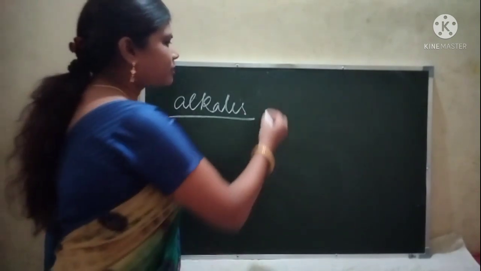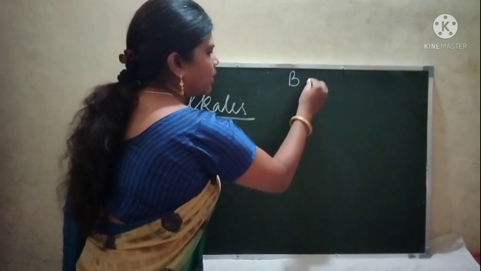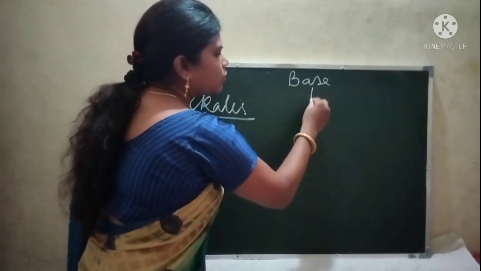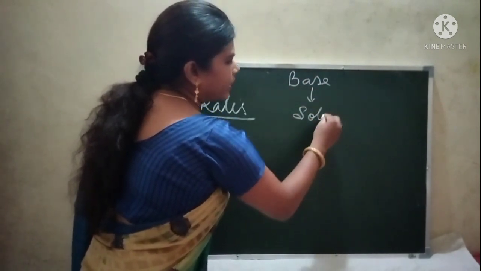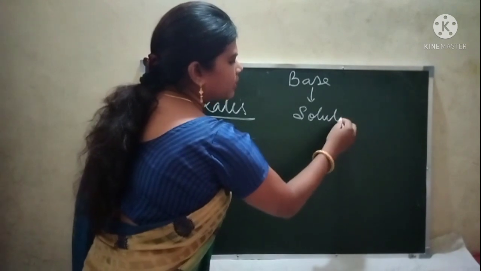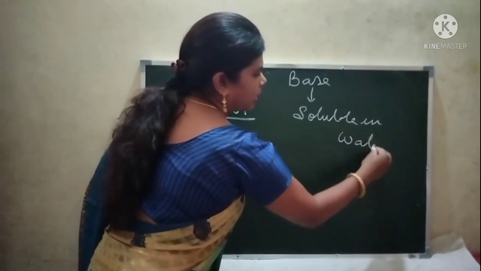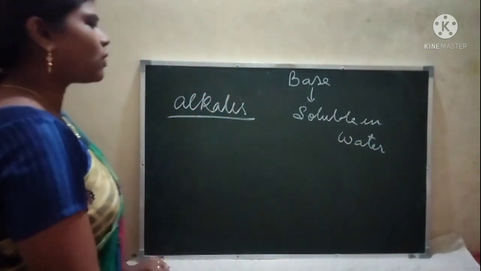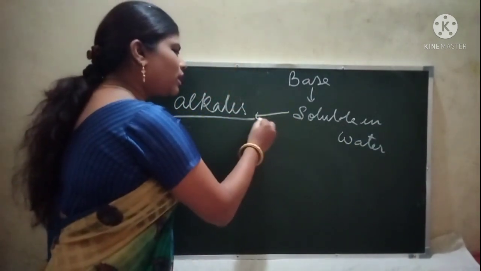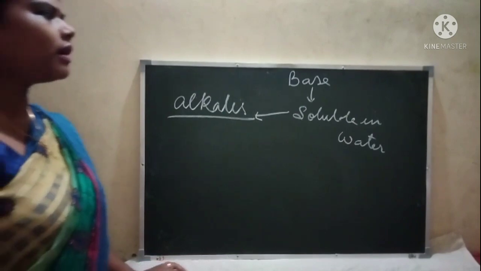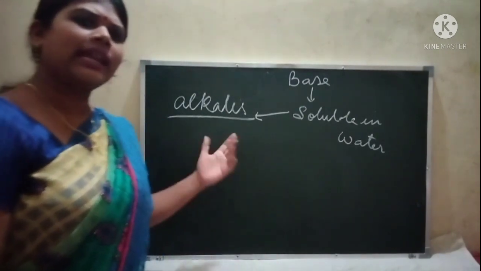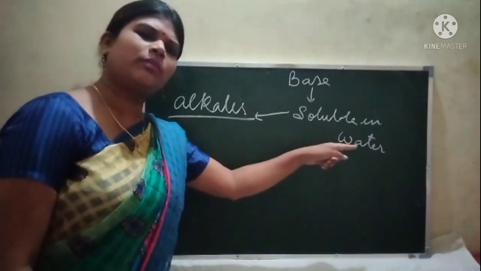Now bases which are soluble in water are called alkalis. Alkalis are the bases which are soluble in water.